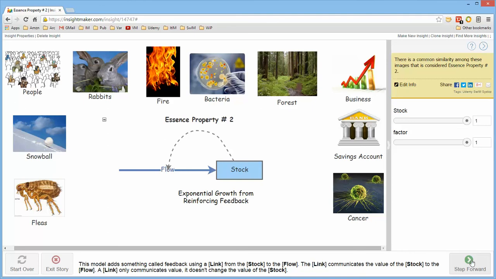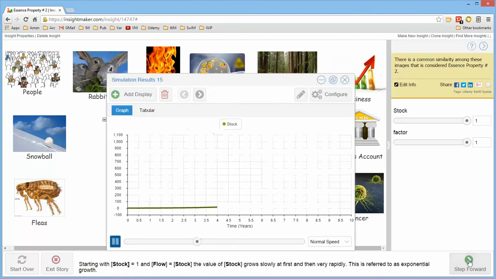So what this does is if the stock begins with a value of 1 and it's added each time, it doubles so that after a period of 10 cycles it reaches a value of 1024, which should be pretty obvious since that's 2 to the 10th.